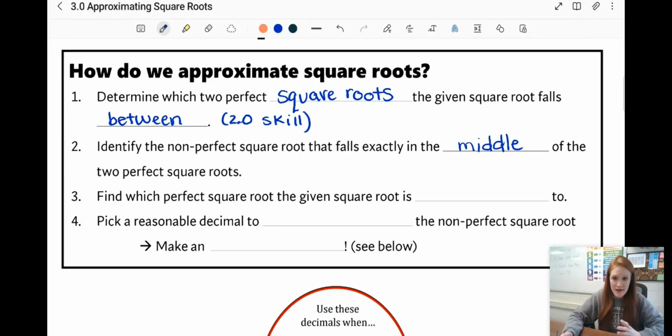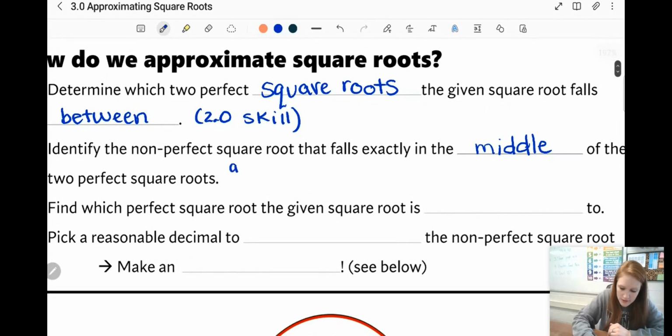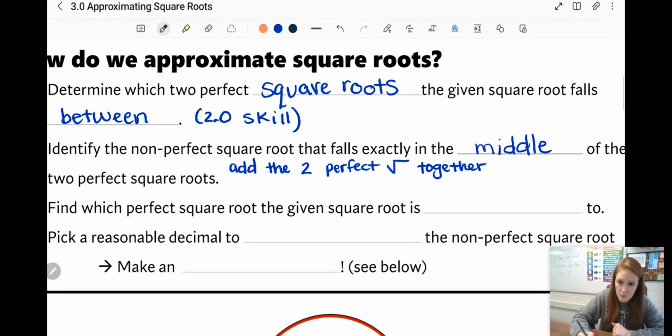And how we do that is we need to remember how to find what we call the average. The average is the middle. And so I'm just going to make a note here that we are going to add the two perfect square roots together, and we are going to divide by 2.